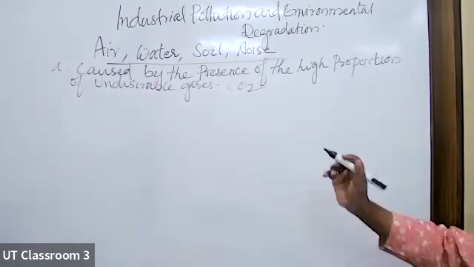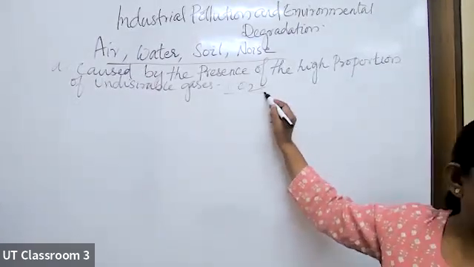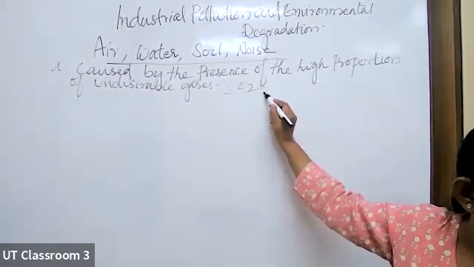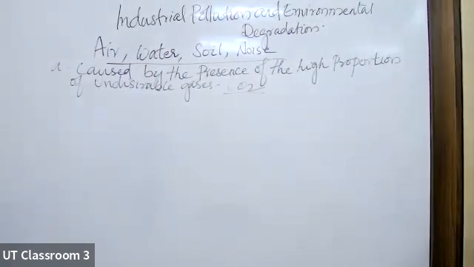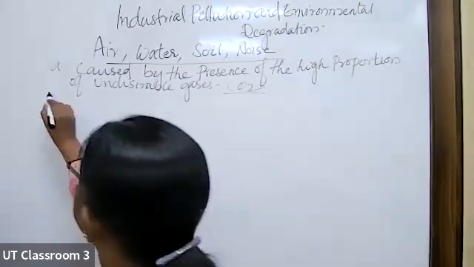So that is what this unwanted gas is. We are releasing it. If the amount of this unwanted gas is more, then that is harmful. Now, the second one is airborne particulates. Okay, airborne particulate.